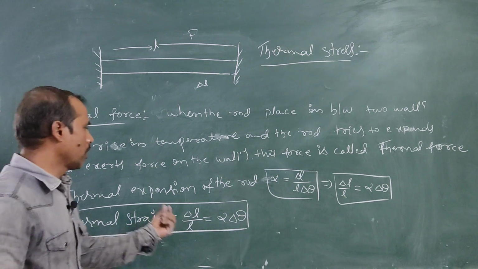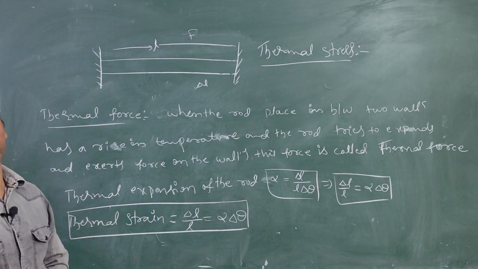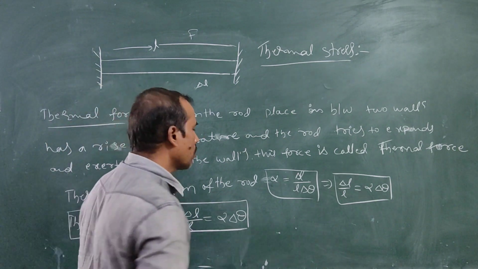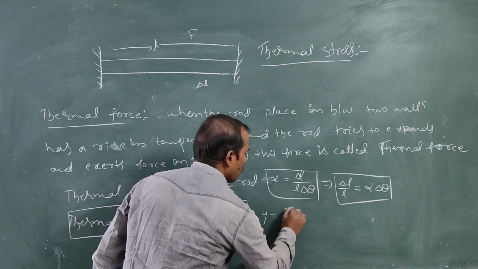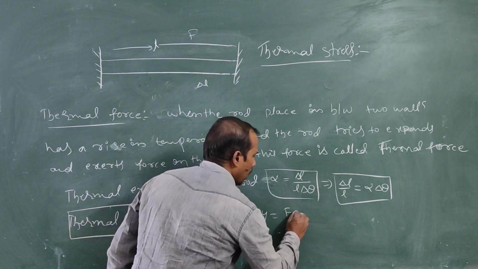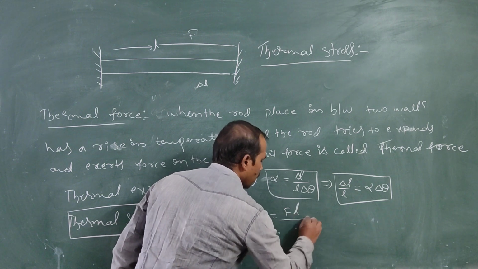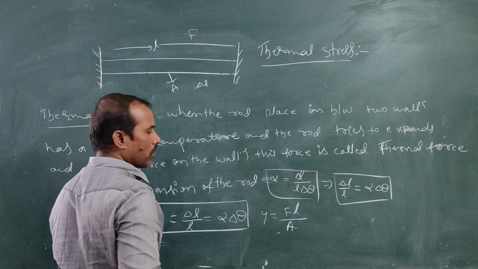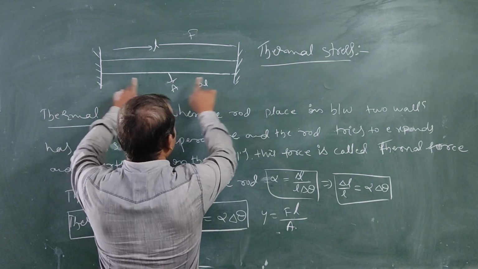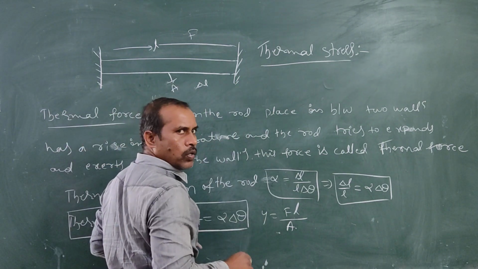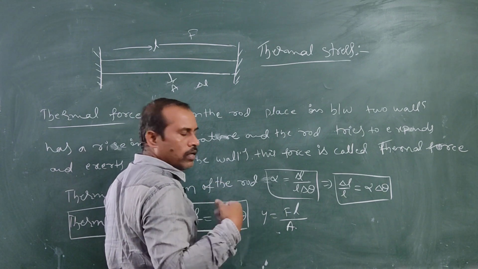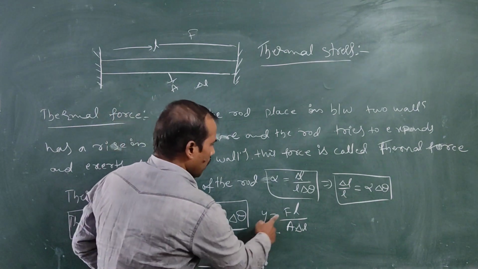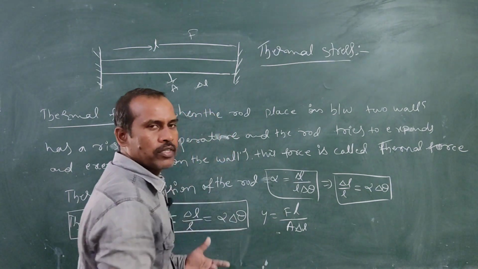Now thermal force means F. According to Young's modulus, Y is equal to force times original length divided by area of cross section A times the change in length, the elongation due to rise in temperature, delta L. Here F means thermal force.